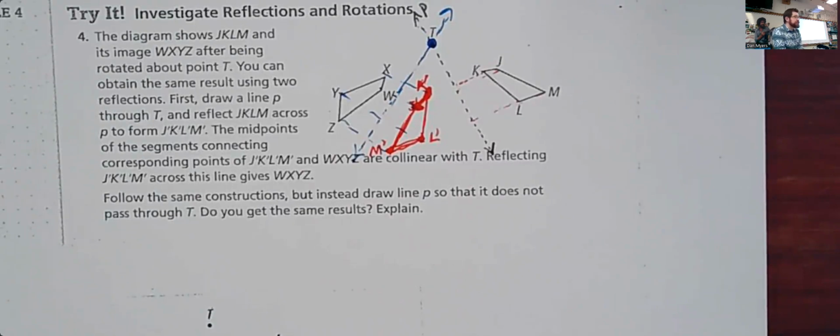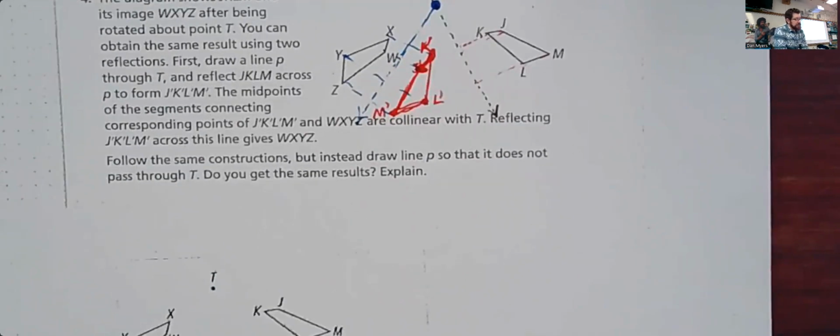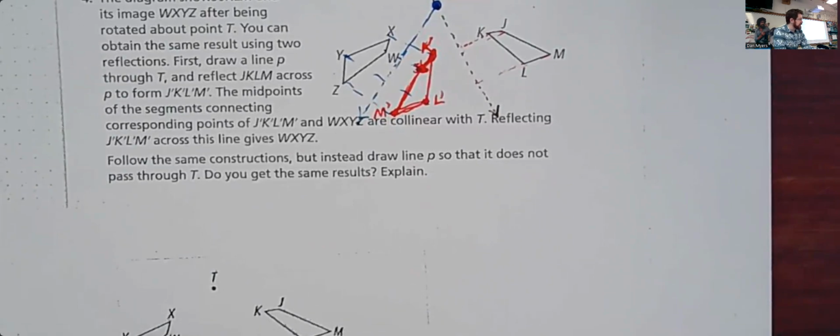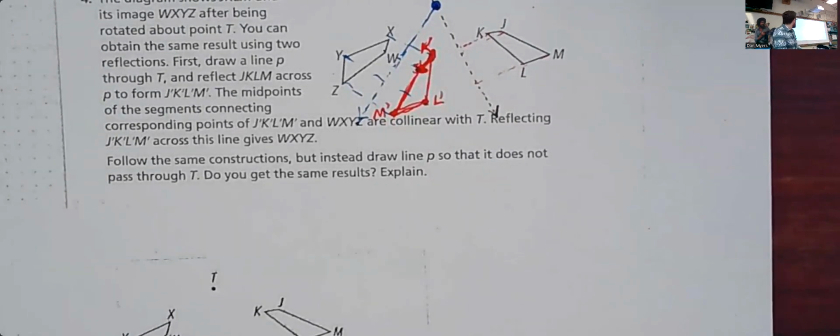As long as you put a point and then draw your line of reflection through that point of rotation and then reflect it again, you should get to the final image, and that second line of reflection should also go through point T. That's basically what it's saying.